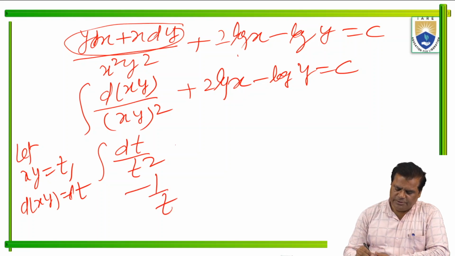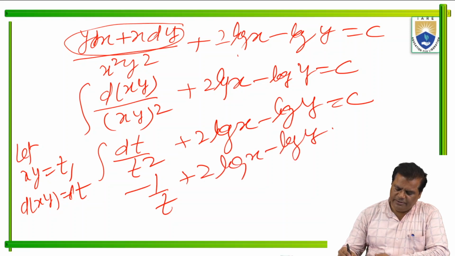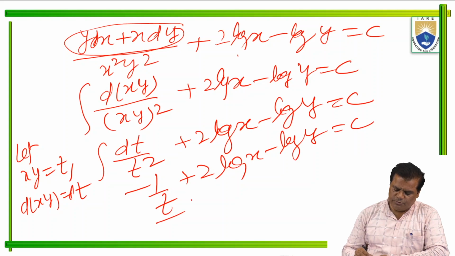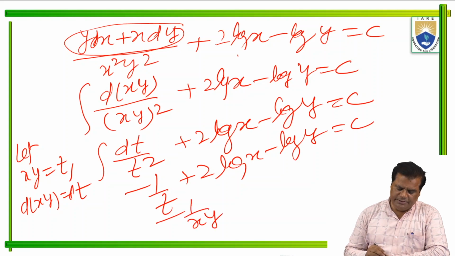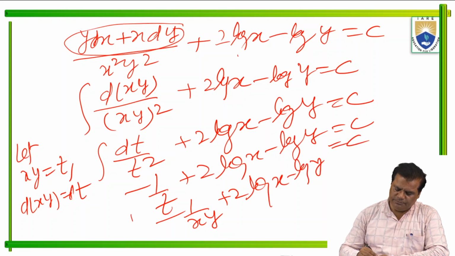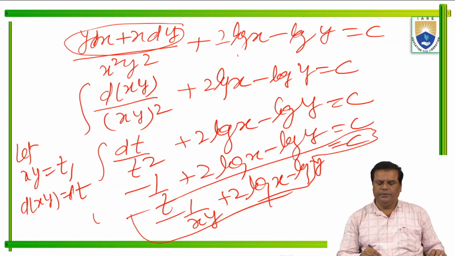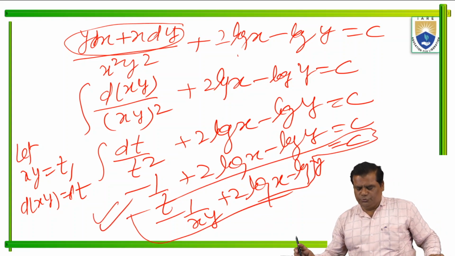Plus 2 log x minus log y equal to c. So minus 1 upon xy, since t is xy, plus 2 log x minus log y equal to c. This is the answer. Okay. This is the complete solution of the question.